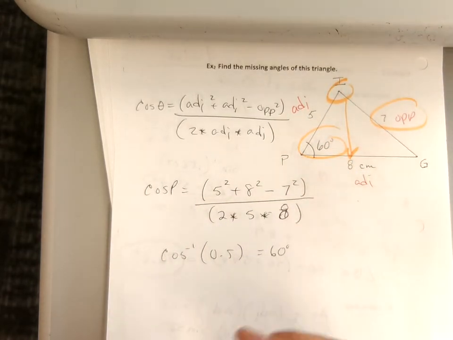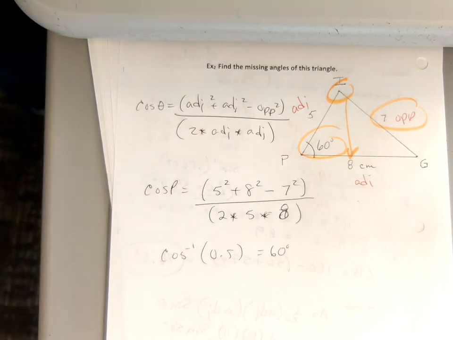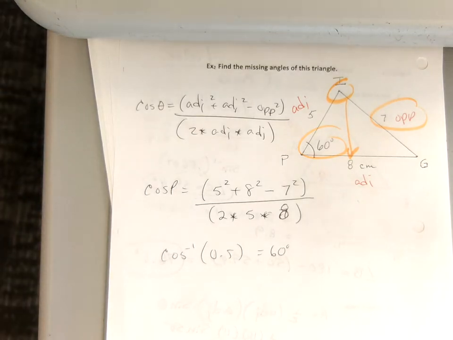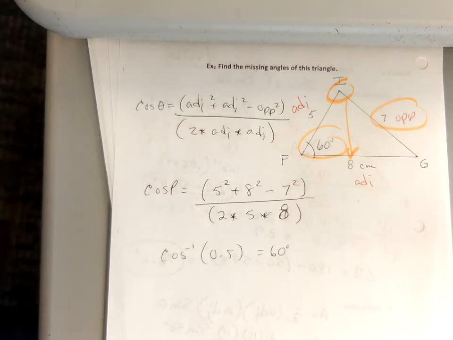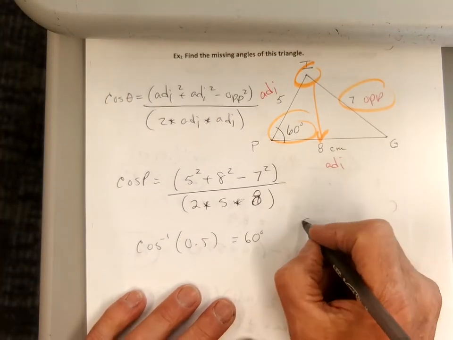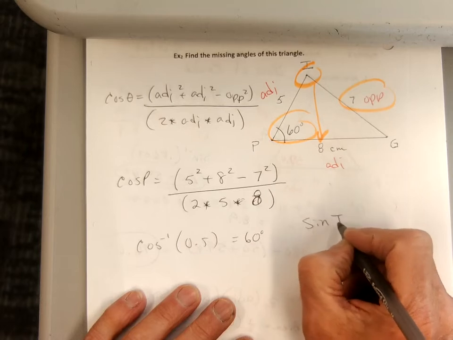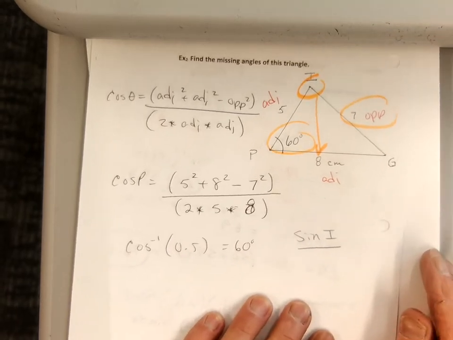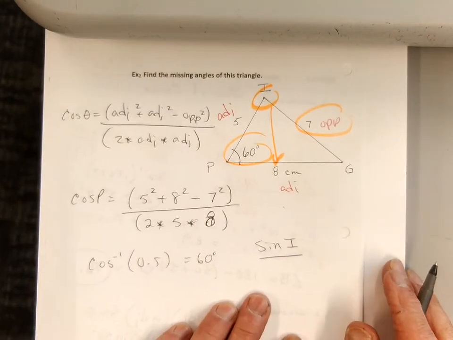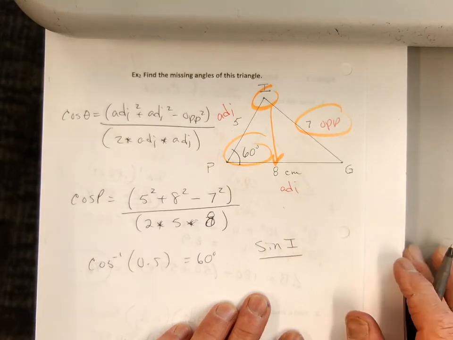Okay, help me set it up. What am I going to write using this formula of opposites, the law of sines? Come on, what am I going to write? Sine of I. Thanks, Jacob. Over what? Victor said it. 8.